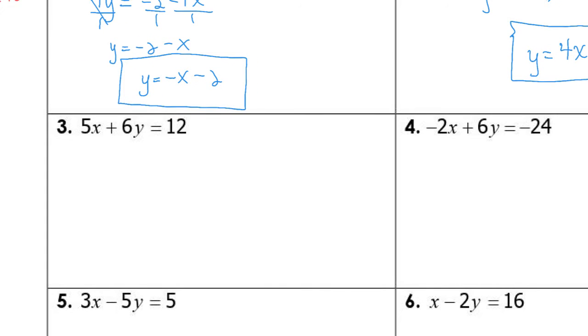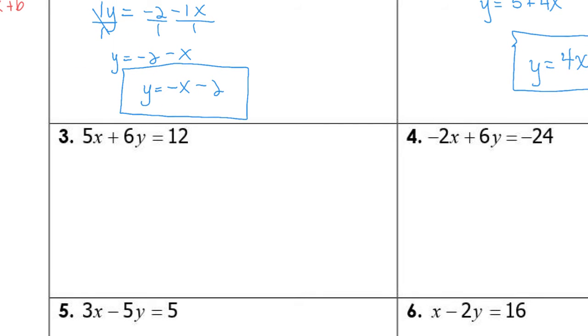Okay. Now let's take a look at number 3. We're going to have to do both steps here. So my first step is going to be subtracting 5x from both sides, because what I'm trying to do is to solve for y. So on the left, I'm left with 6y equals, I'm just going to say -5x plus 12.